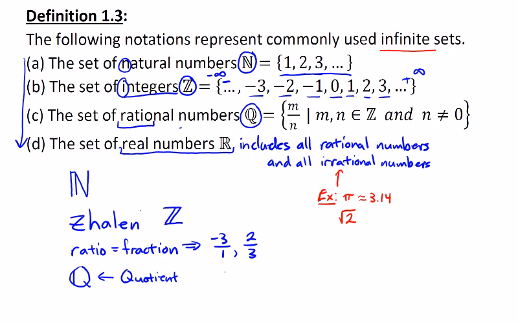So that's the set of real numbers. This is where we do most of our work. Most of our work will be involved with the real numbers, but I think it's important that you understand that there are other sets such as the natural numbers, the integers, and the rational numbers that build up to the point where we have the real number set.